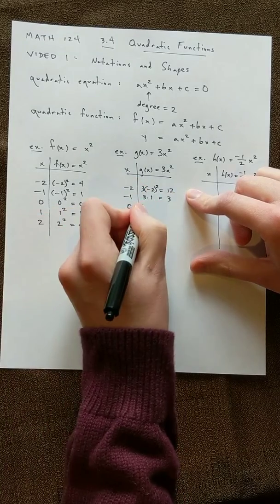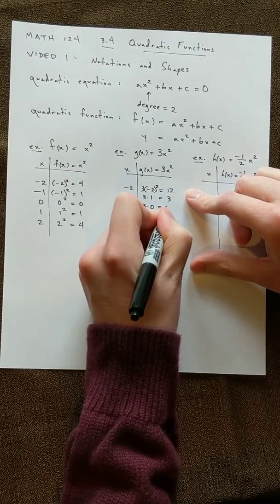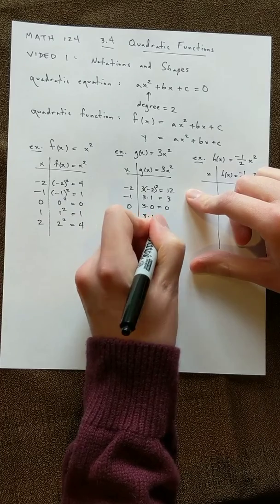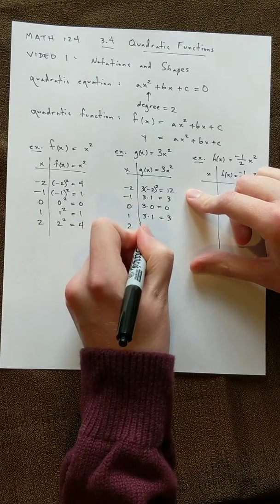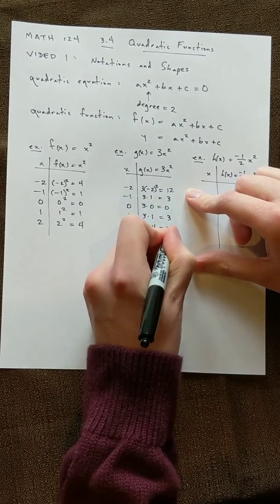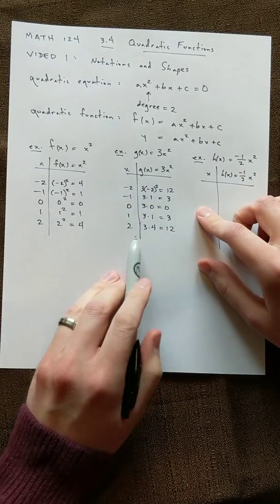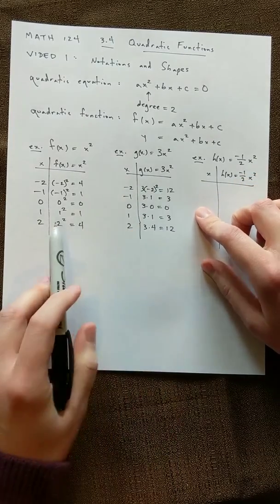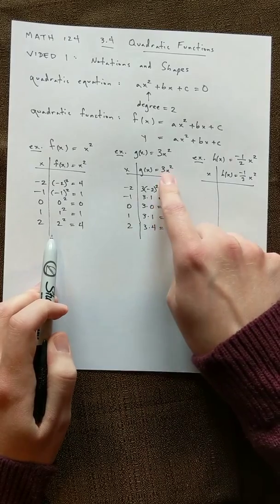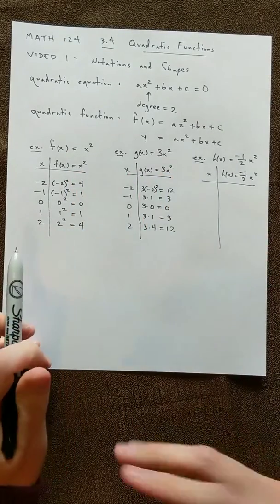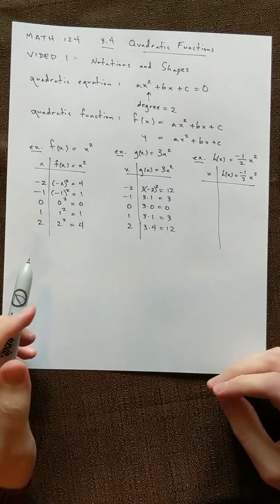And 3 times 0 would just be a 0. And 3 times a 1 would be a 3. And 3 times a 4 would be a 12. But again, it's not wrong to just plug these numbers in here. I'm just noticing that these two have some of the same pieces, so I should be seeing the same numbers showing up again.